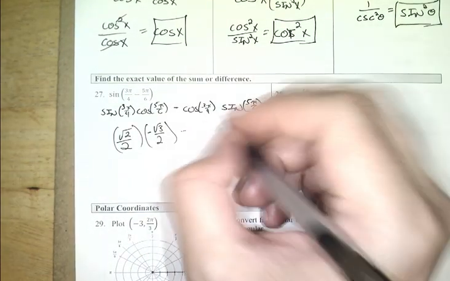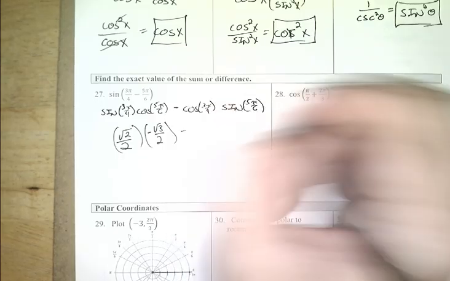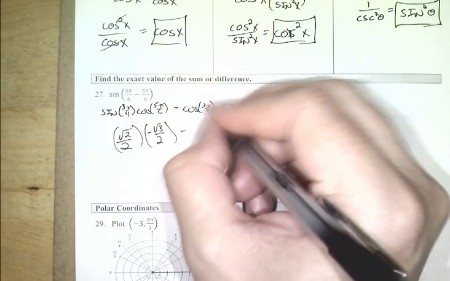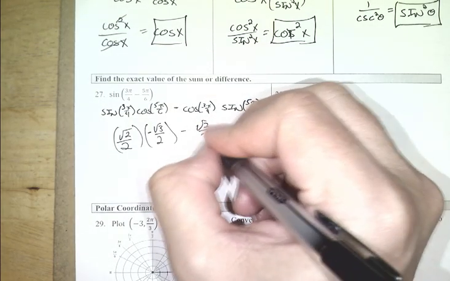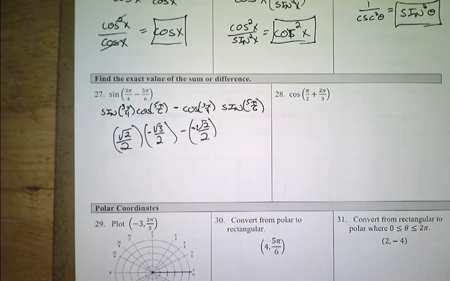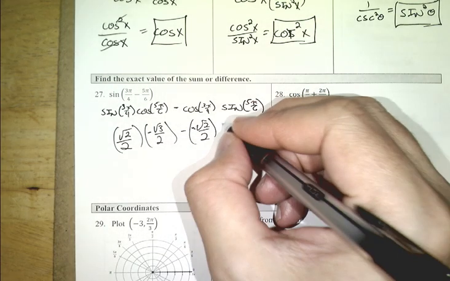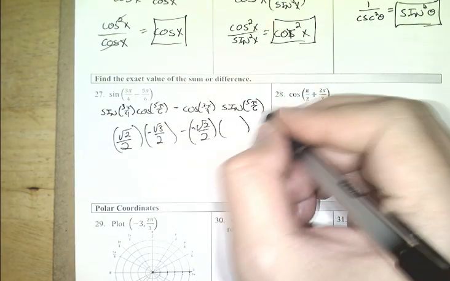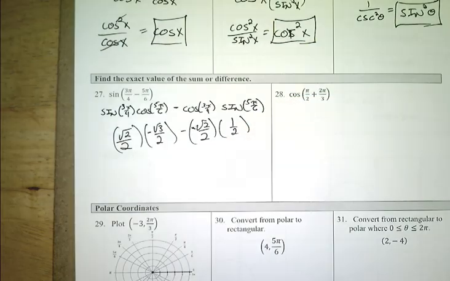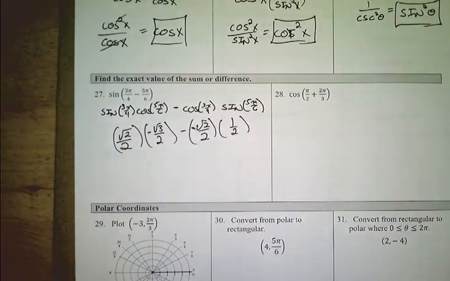Minus cosine of 3 pi over 4 is, all the over 4s are root 2 over 2, in quadrant 2, and cosine is negative there. Sine of 5 pi over 6: all the over 6s for sine are 1/2, and in quadrant 2, sine is positive.